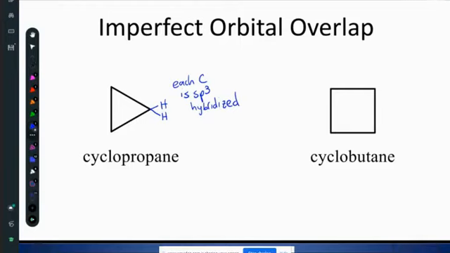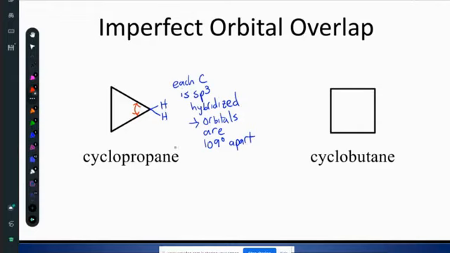What that means in terms of the angles of the orbitals is that the orbitals are 109 degrees apart, because they're pointed tetrahedrally.